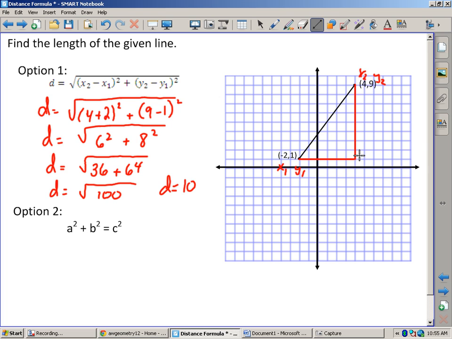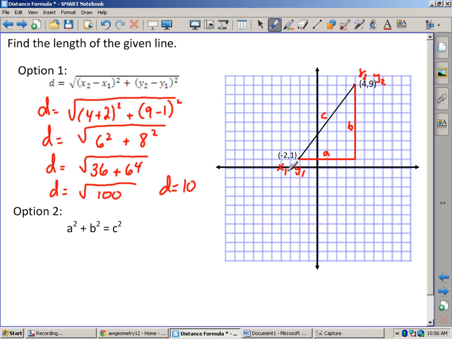If you remember with the Pythagorean theorem, a is one of the legs, b is the other leg, and c is the hypotenuse. So if I can find the length of a and the length of b, I can work through the Pythagorean theorem to find the hypotenuse.